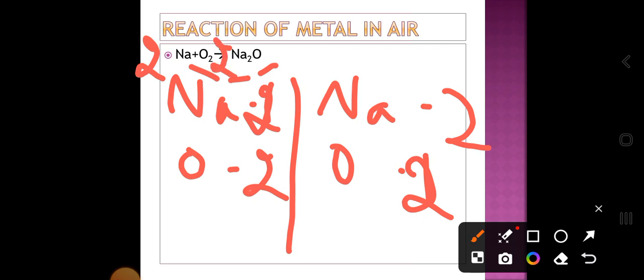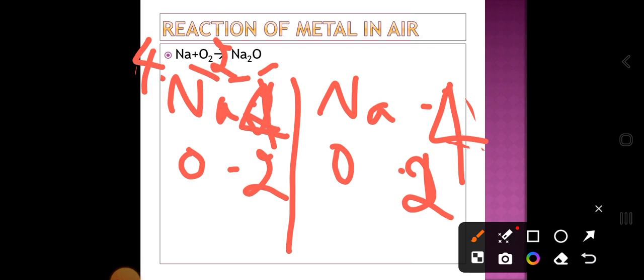2Na2O. So now oxygen will be balanced. But if you talk about sodium now, what happened to sodium? There are four on the product side, that is, two twos are four. But on the reactant side there were only two. So I will change this 2Na to 4Na.